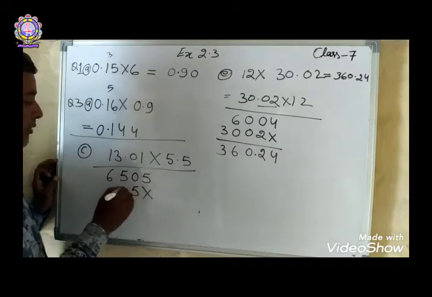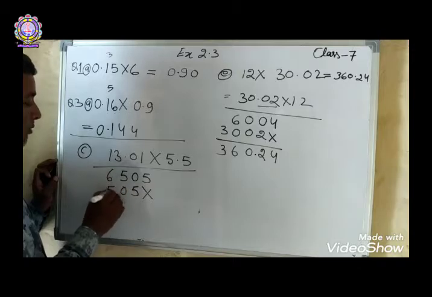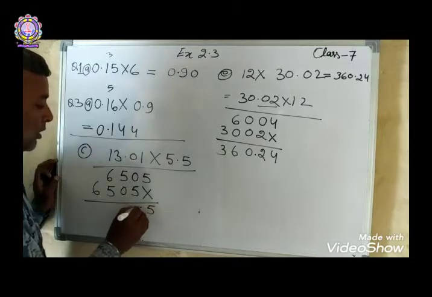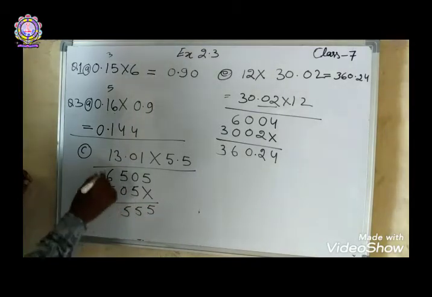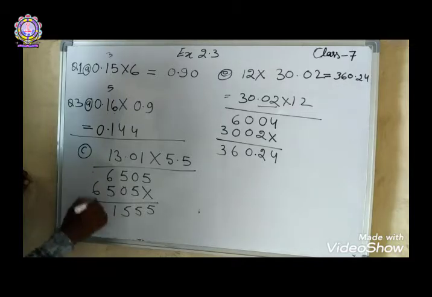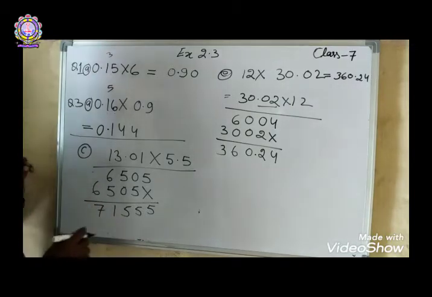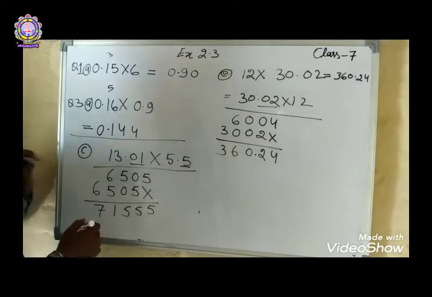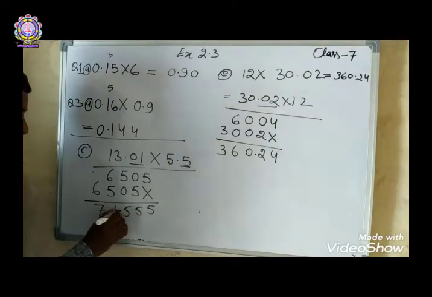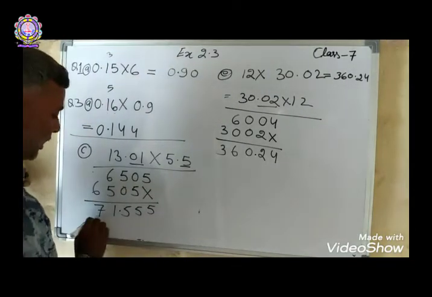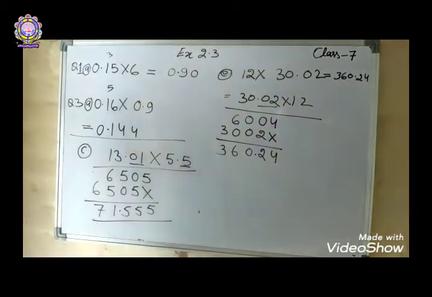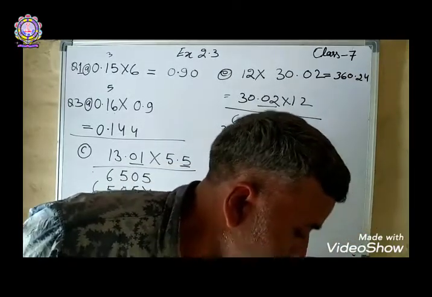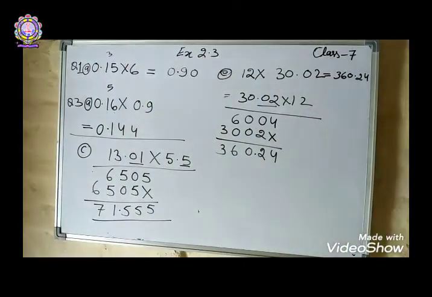Same as here: 5 1s are 5, 5 0, 5 3s are 15, 1 carry, 5 1s are 5, 6. And now add them: 5, 5, 5, 6, 5, 11, 1 carry. So you get 7. Now how many digits are after the decimal? 1, 2 and 3. So put the decimal after 1, 2 and 3 here. What is the answer? You check: 71.555. This is the answer. So remaining questions you try to solve.